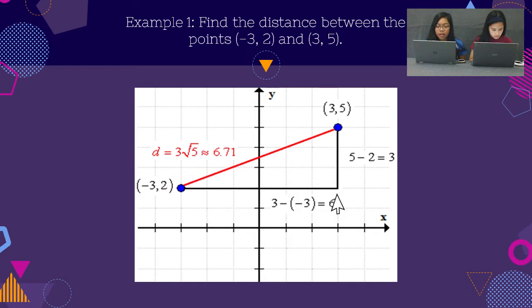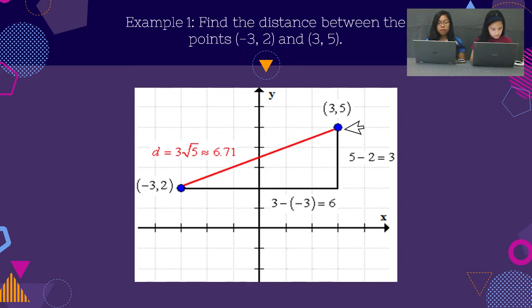Similarly, for the change in y, 5 minus 2 is equal to 3. That means you have to move 3 places up. From the point where you got your change in x, you move 3 steps up: 1, 2, 3, and you see we've made a triangle between these two points. Now let us calculate the distance.